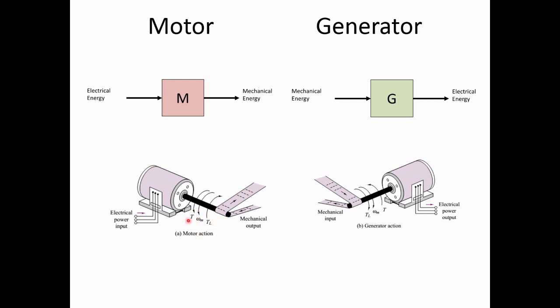So here we have torque of the machine T, rotational speed of the machine omega m, and here TL is representing the load torque that comes from your application. So if you put in electrical energy as input and you produce mechanical energy at the output, that's what we call an electrical machine functioning in motor mode, right?